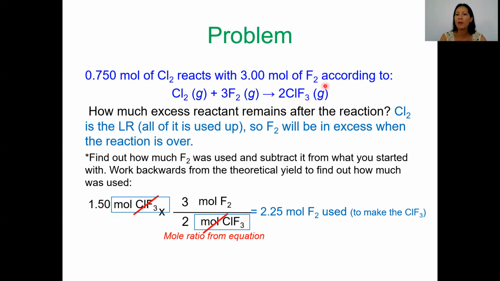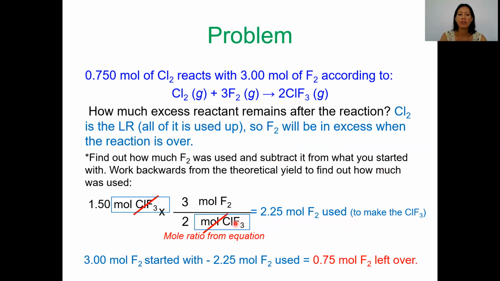So if I had made 1.5 moles, mole ratio tells me how much fluorine that came from or was used. So 2.25 moles of fluorine used to make that. So now to find how much is in excess, I just subtract it from what I started with. I started out with 3 moles minus 2.25. I end up with 0.75 left over.